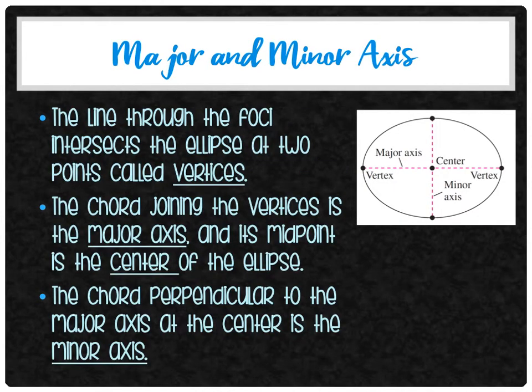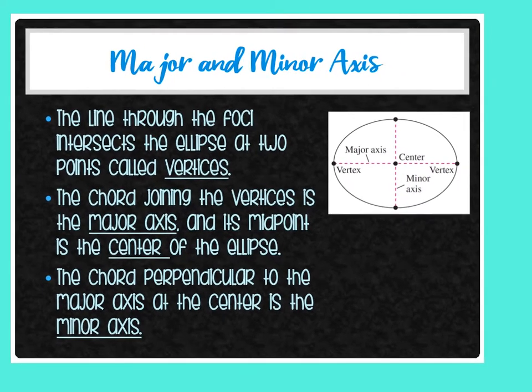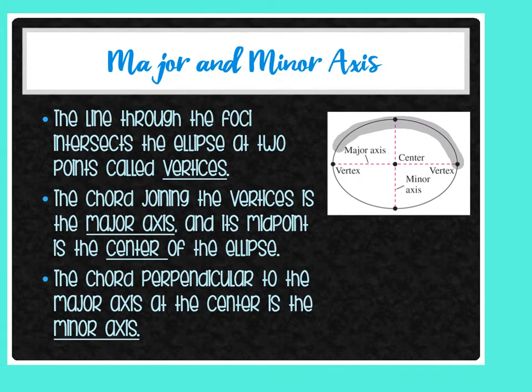The line through the foci intersects the ellipse at 2 points called the vertices. So if you look at the shape that's here, here's my original ellipse. These two axes, one is the major axis and one is the minor axis, and they intersect the ellipse at what are called vertices.